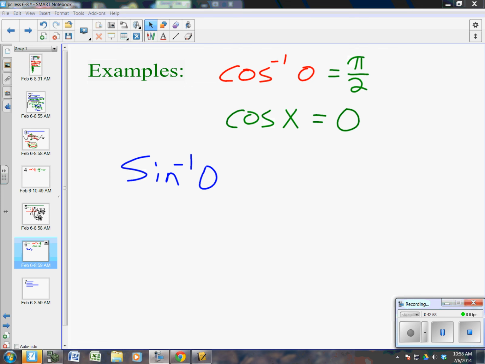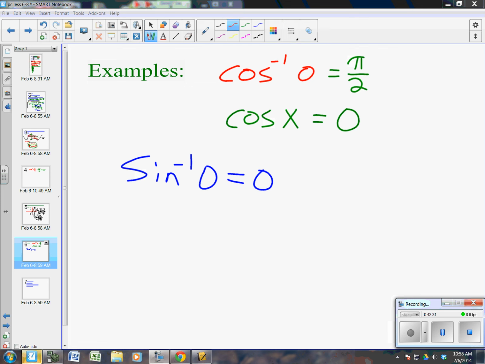It's too big, isn't it? It's in the same place, but is it between negative pi halves and positive pi halves? So the only answer that works is 0 radians or 0 degrees, because 2 pi is not between negative pi halves and positive pi halves. Your answer for sine inverse has to be between negative pi halves and positive pi halves.